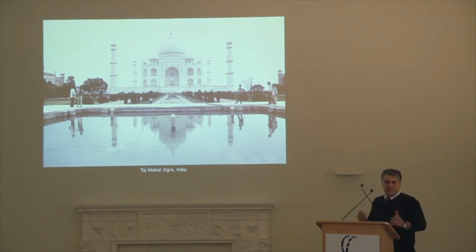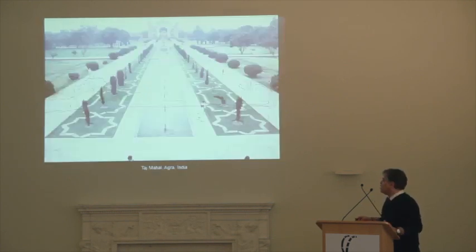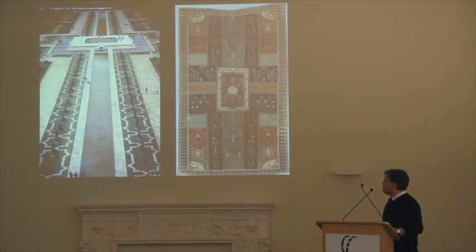And we know that it's like the case of Persepolis, which was also designed as an international project, that all these people brought not only the material but also skills and contributed to the design of these projects.